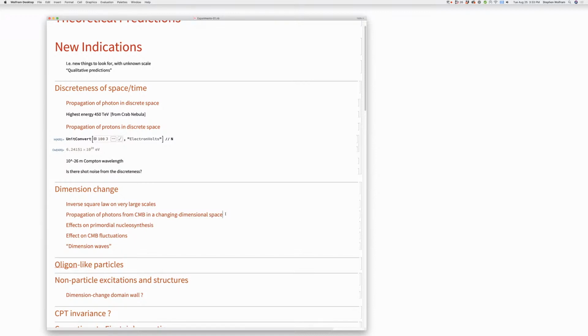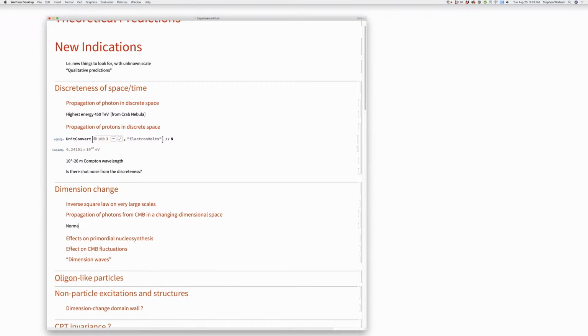Okay, so what happens? A photon is propagating, and normally it's an inverse square law, right? So the Huygens principle for the photon. Huygens principle would then have spheres of different dimension, right?